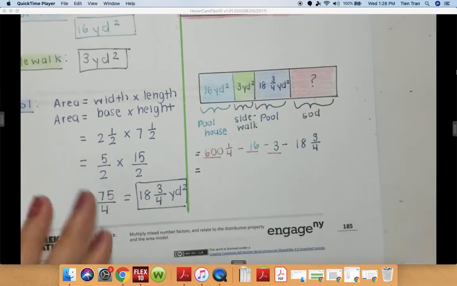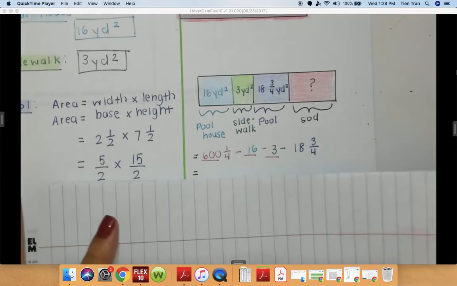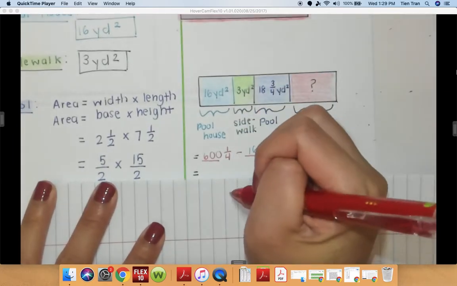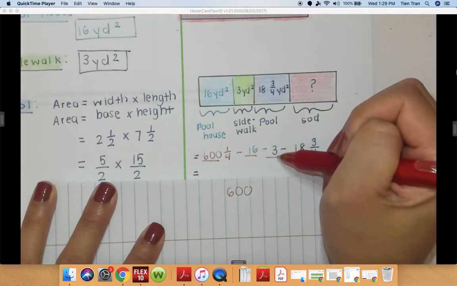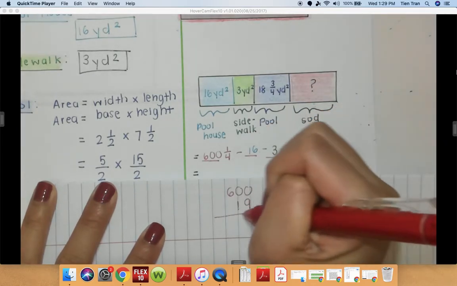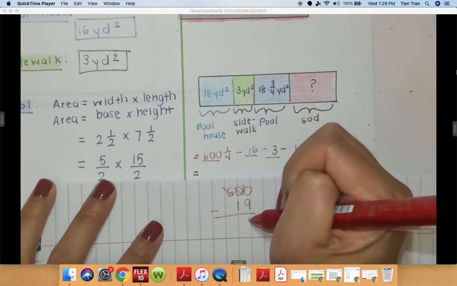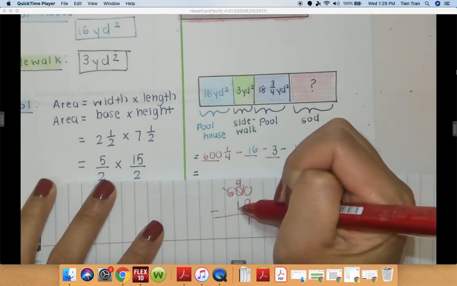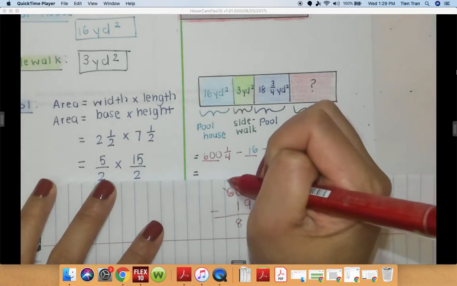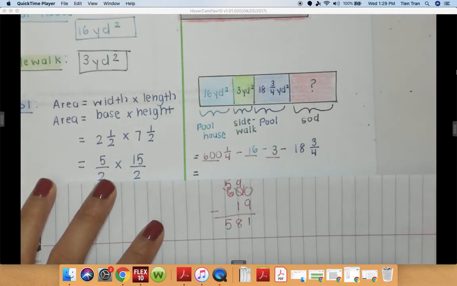Let me use a different scratch paper. I know that 16 plus 3 is equal to 19, so I'm subtracting that. 10 minus 9 is equal to 1. 0 changes into a 9. 9 minus 1 is equal to 8. And 6 changes to a 5. And I have 581.